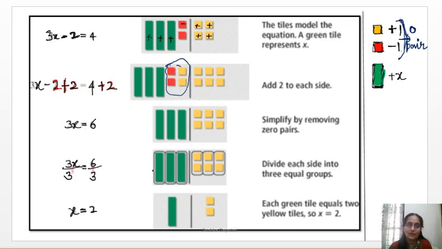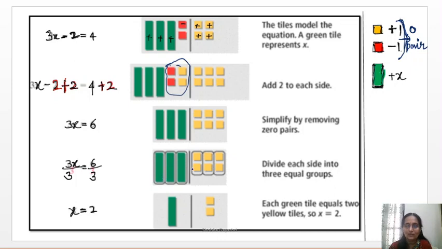Next, you have 3 x's here and 6 squares here. You have to divide these 6 squares into 3 groups. How many squares will you get in each group? You will get 2. You will get 3 equal groups, right?